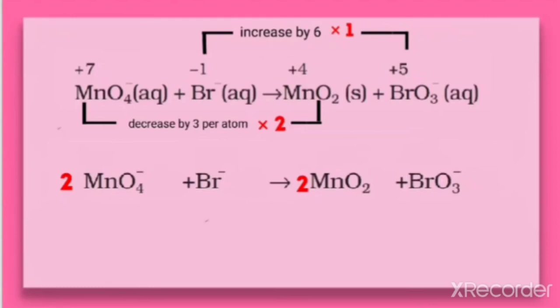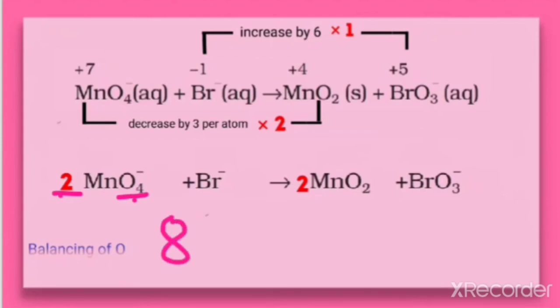Now we have to balance the oxygen first. For this we need to find out the number of oxygen on both sides, the left hand side and the right hand side. Now calculate it here. What is there in the formula? 2 times MnO4 negative, so 2 into 4, that is 8.